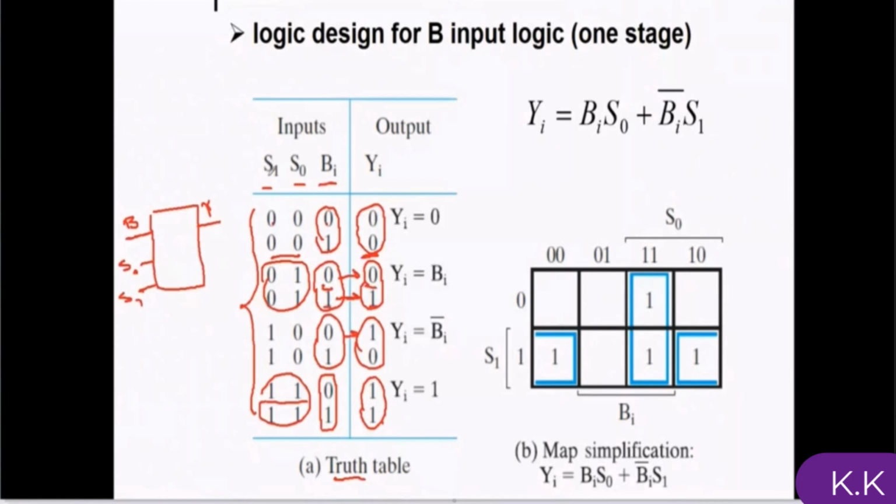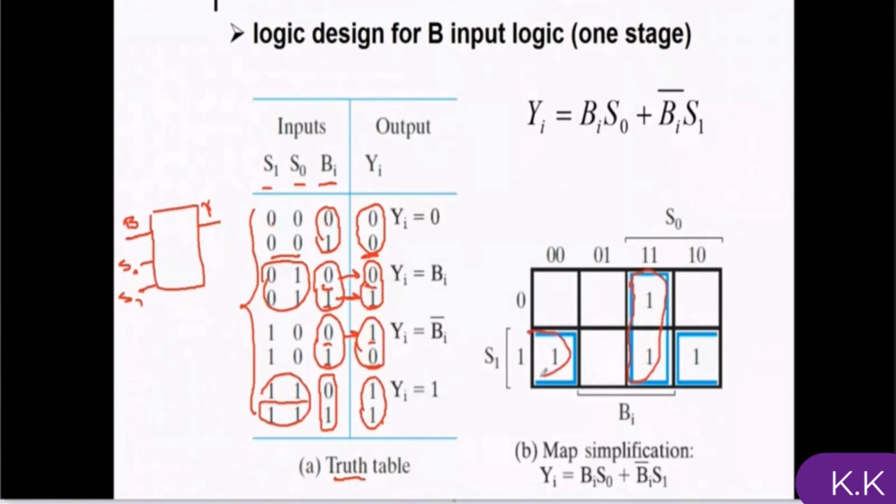When S is 1 or 0 0, the output of the circuit should be 0. When it is 1 1, the output should be 1. When it is 0 1, the output should be B. As we can see, B is 0, output is 0, B is 1, output is 1.